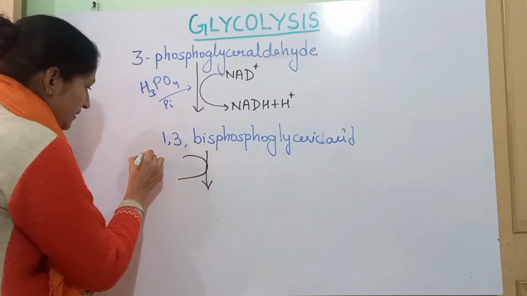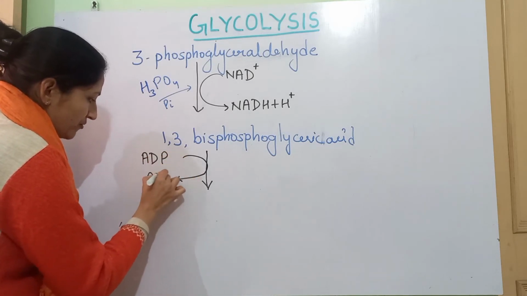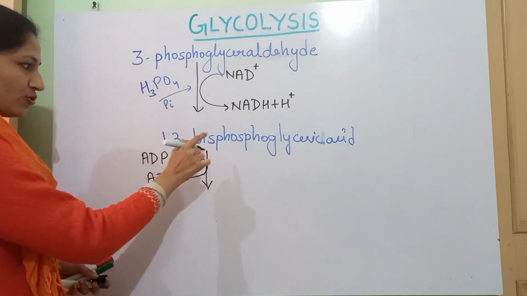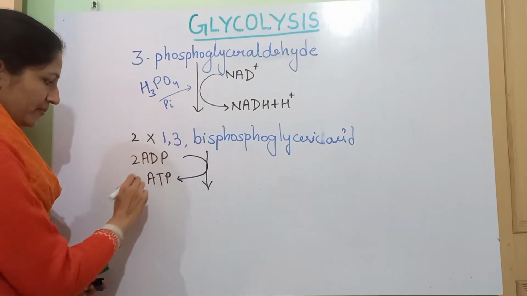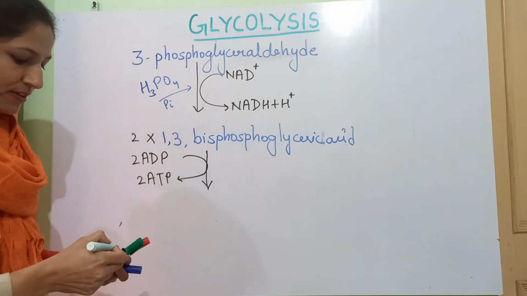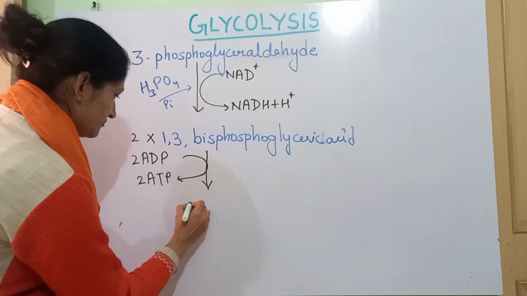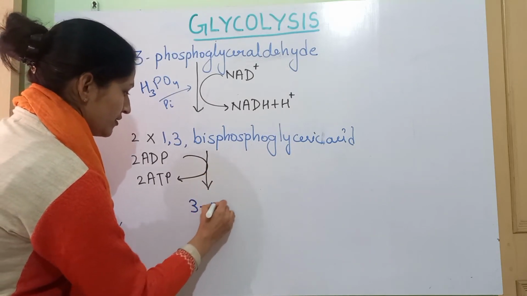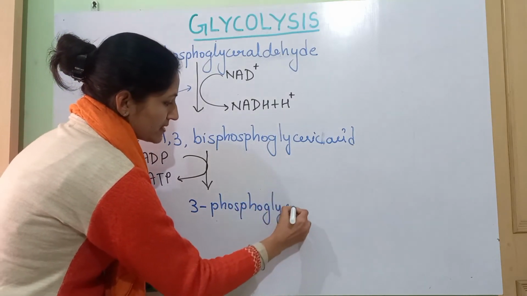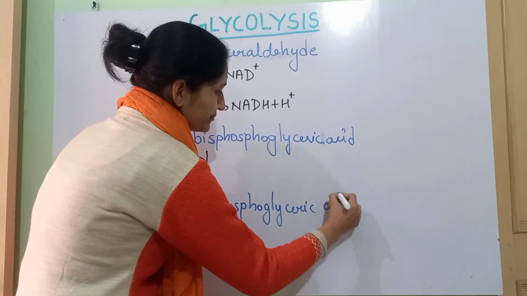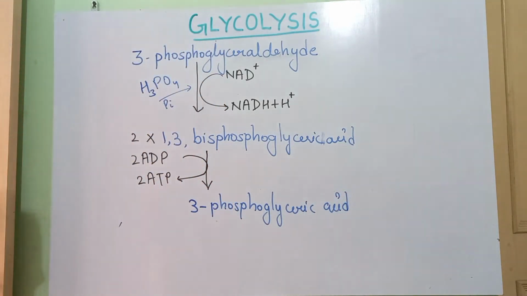By using ADP, ATP is formed. As I told you, 2 molecules we are going to take, so 2 ADP and 2 ATPs are formed. What will we be getting? We'll be getting 3-phosphoglyceric acid.